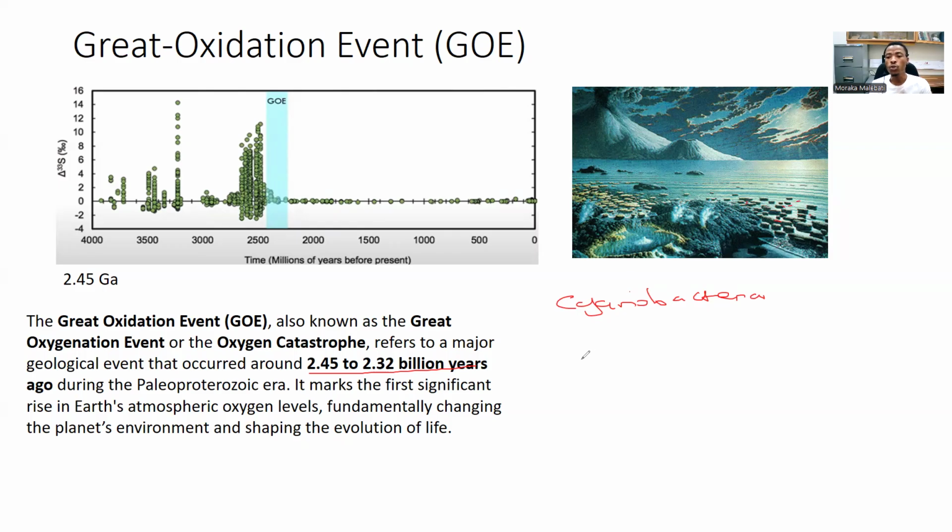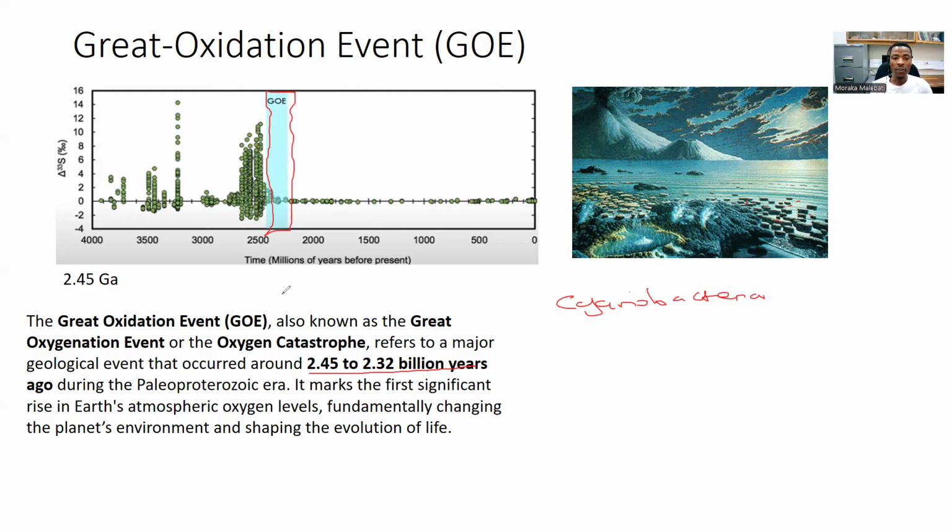It means they were not using the oxygen, and this rise in oxygen level is what we call the Great Oxidation Event, which is highlighted here. This is a very important event because it changes the environment.